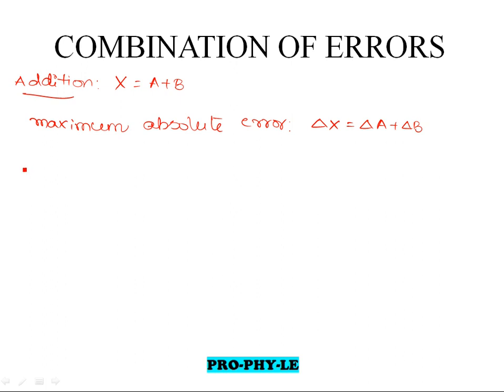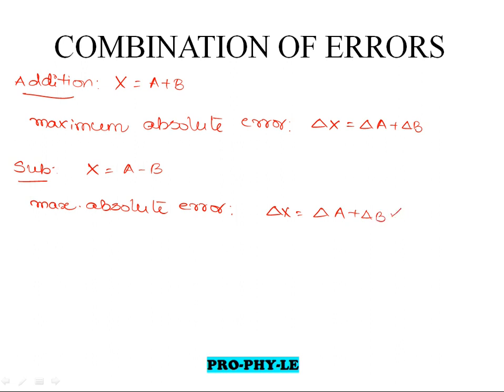Similarly, for subtraction also, suppose x is a physical quantity that is measured by the difference of two physical quantities A and B, then the maximum absolute error, that will be delta x, will be equal to delta A plus delta B only.